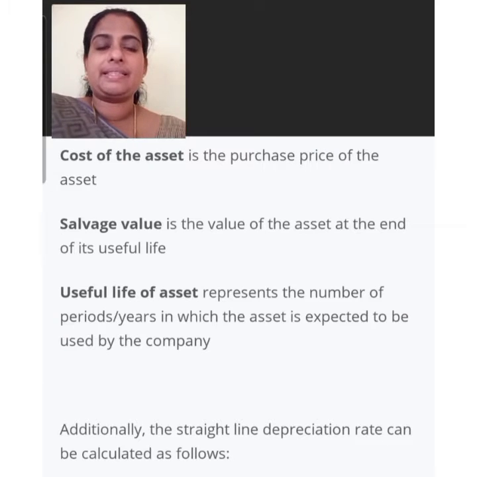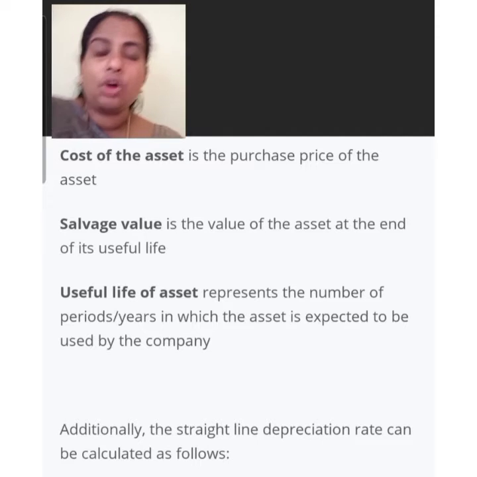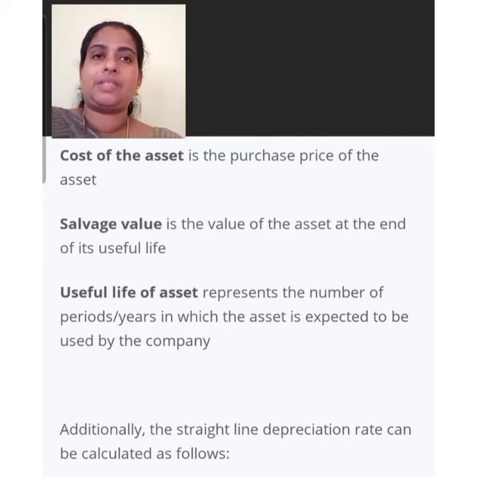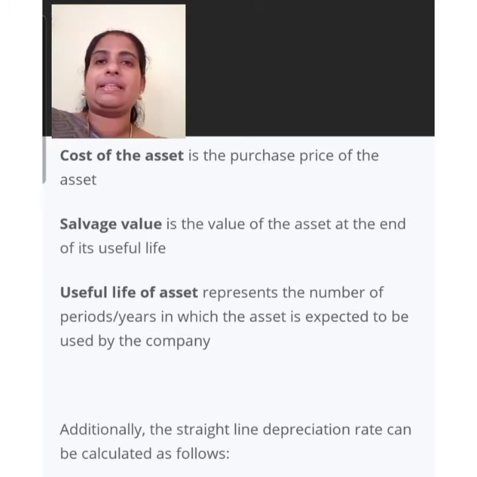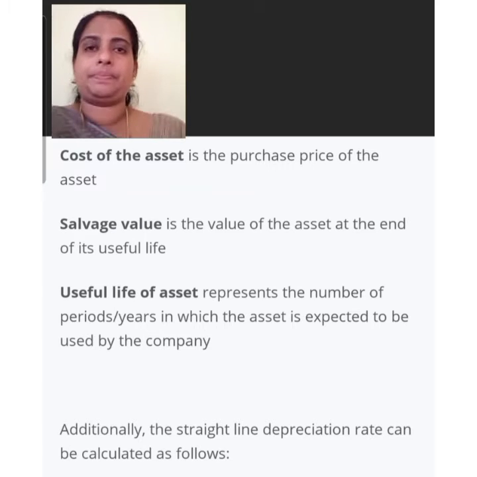The cost of the asset is the purchase price of the asset. The value of the asset is calculated after adding all the expenses of acquiring, installing, and constructing the assets. We should take into consideration the total cost of the asset for calculating the rate and the amount of depreciation.